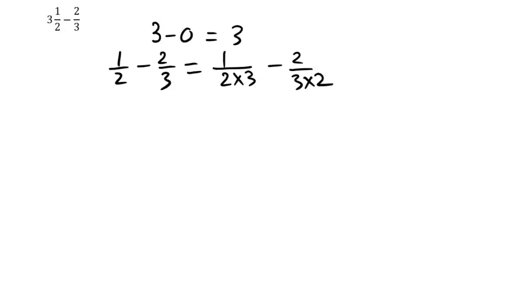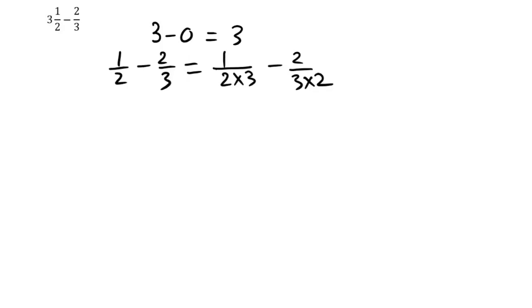We can see 6 and 6 is the least common. So it means we have to make 6 in the denominator for both fractions. That's why I'm multiplying by 3 to make it 6, and multiplying by 2 for this fraction to make it 6, because 2 times 3 is 6, and 3 times 2 is 6.